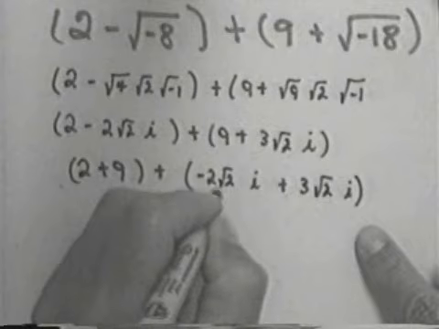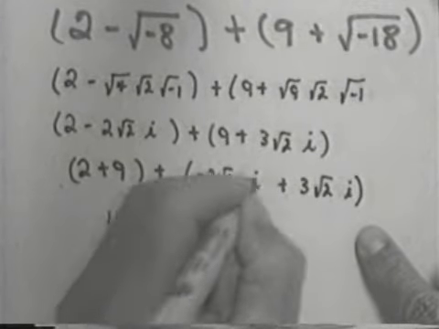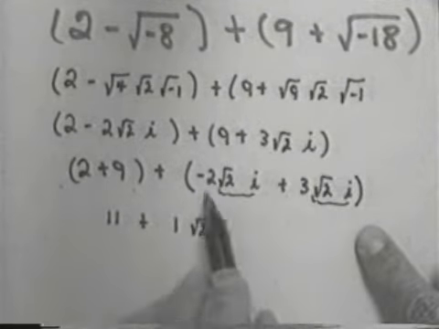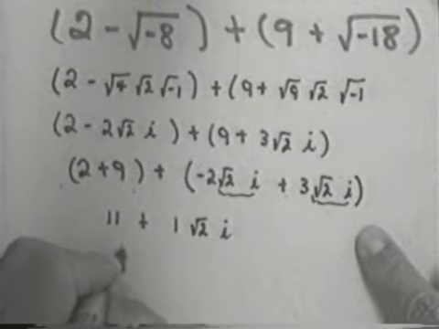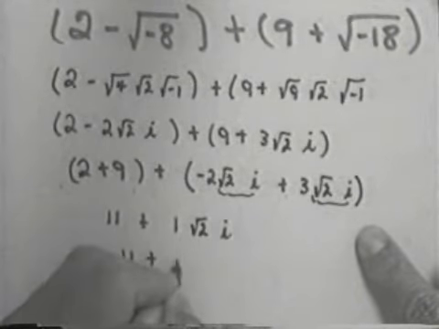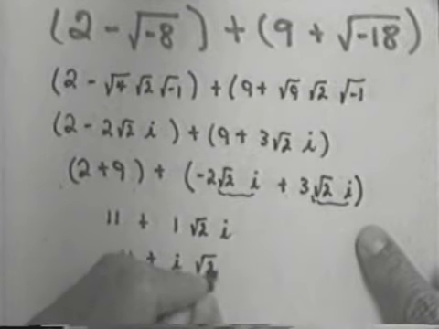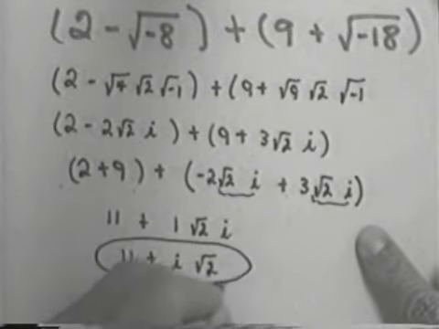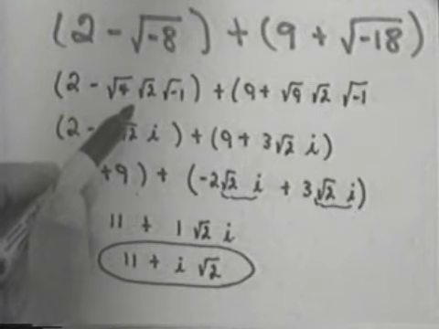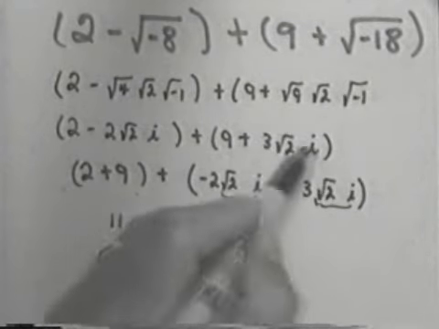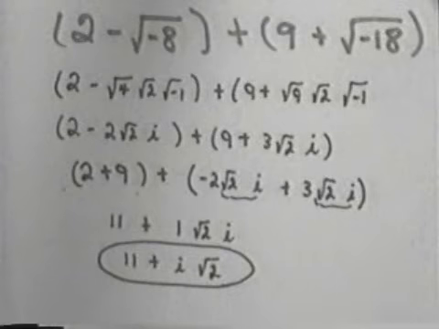Just notice these parts are the same, square root of 2i, so just add -2 plus 3, which is +1. Or I could write this as 11 plus i times the square root of 2. But the key, if it's not already in standard form, you must put it in standard form before doing anything.